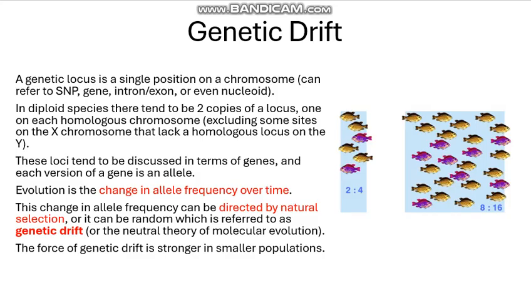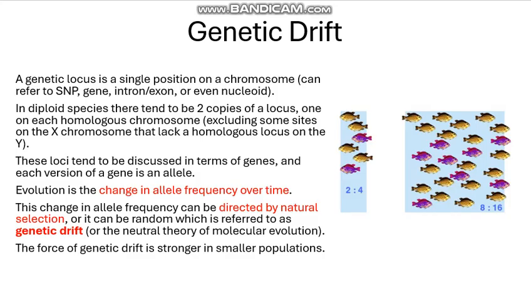but you can imagine, let's say 50% of both of these populations die, okay? It would be more statistically likely that the 50% of the smaller population on the left will include both of the purple fish, rather than the 50% killed on the right including all of the purple fish in here.